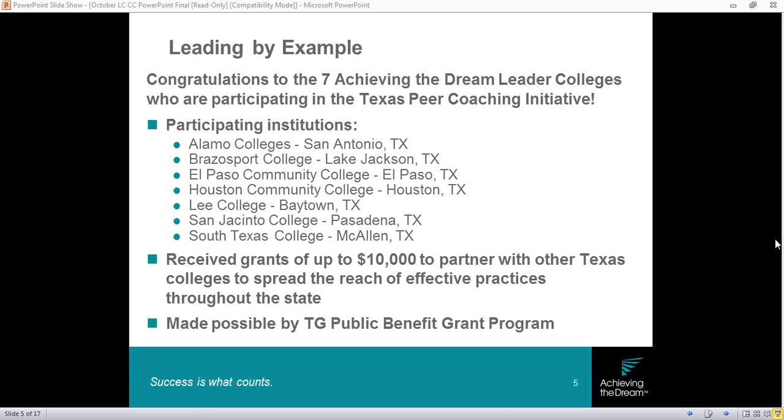And the other reason why we're really excited about this is that it's going to be one of our early attempts at trying to better understand how we can develop this idea of peer coaching. What are some of the best ways of sharing what we've learned how to do with other colleges that want to adopt similar practices?